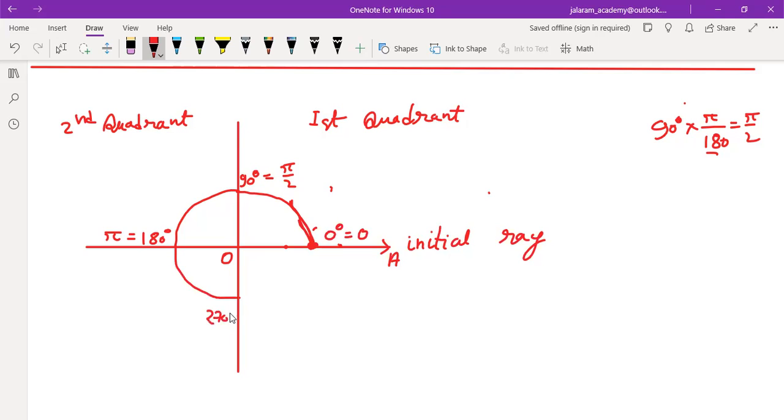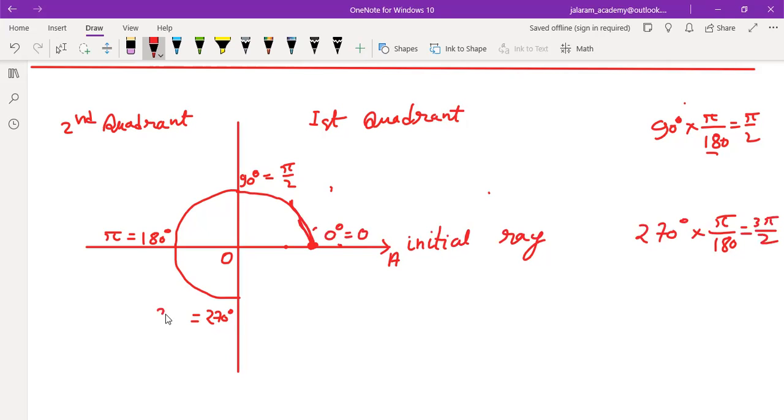Third, from 180 degree to 270 degree, if you convert it to radian, you will multiply by pi by 180. So it gives 3 pi by 2.